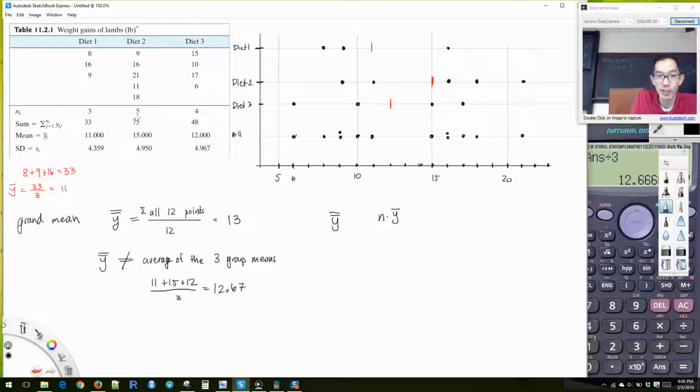And if I did 5 times 15, I would get back the total of these 5 numbers. So you do n times y bar, add those up, and then divide by the sum of your n's, the total number of points that you have.